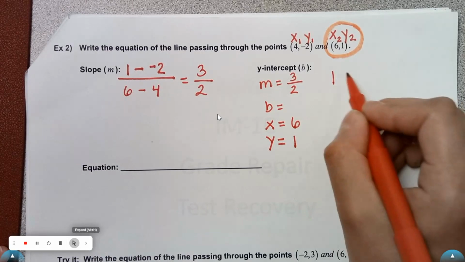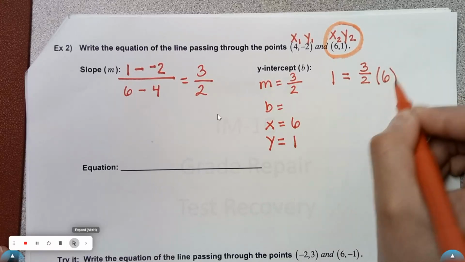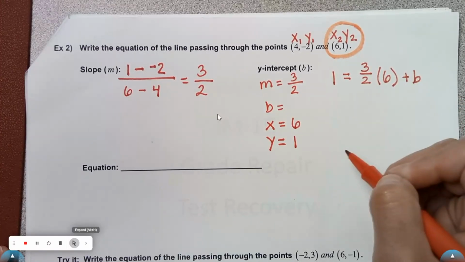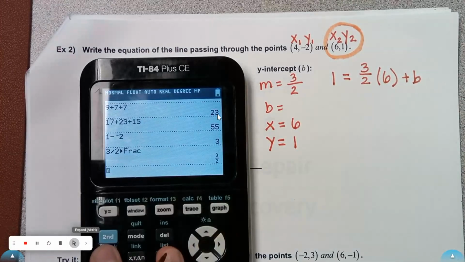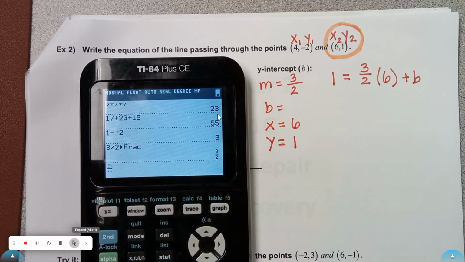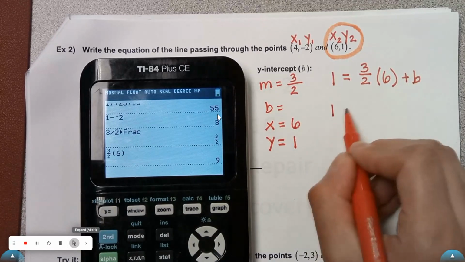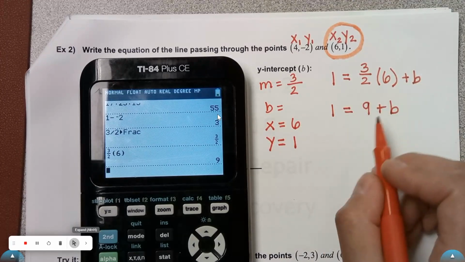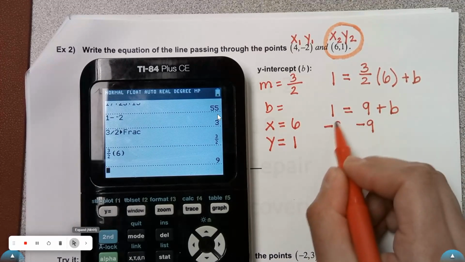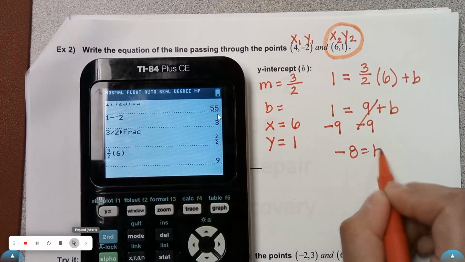So I have 1 equals 3 over 2 times 6 plus b. I'm going to put this in my calculator, this 3 over 2 times 6. I get 9. So I get 1 equals 9 plus b. I'm going to subtract the 9 from both sides. And I get negative 8 equals b.